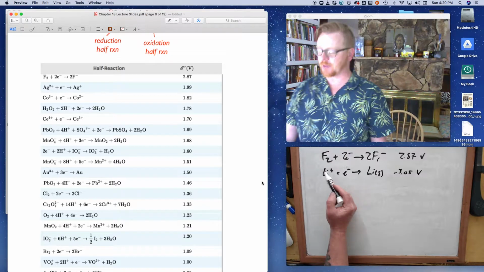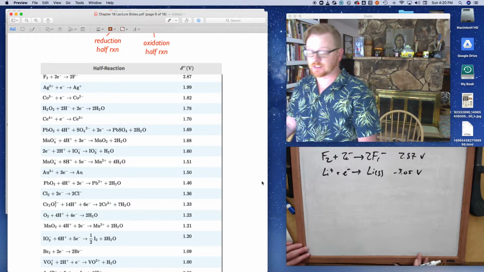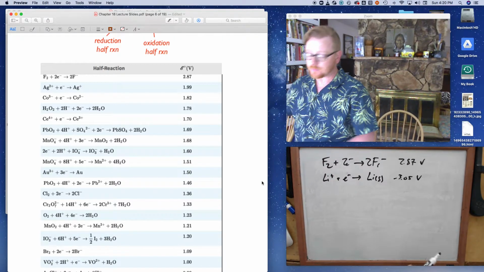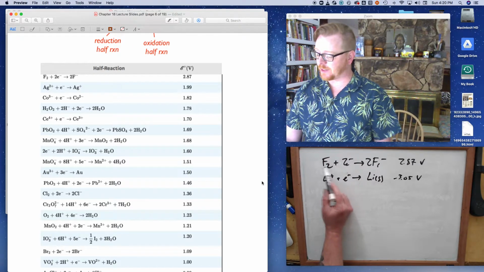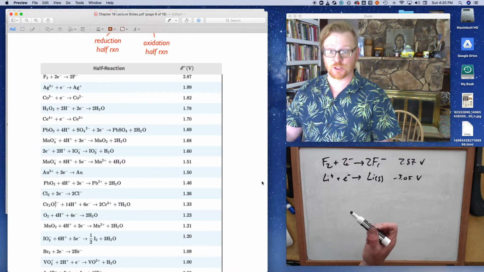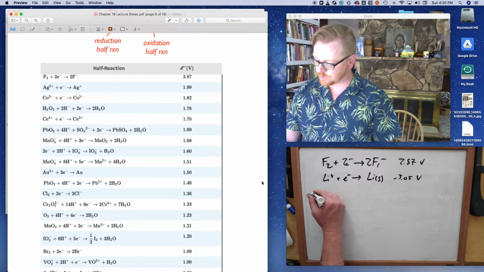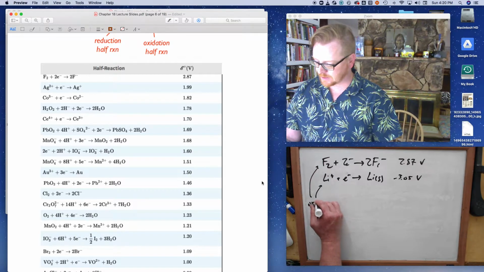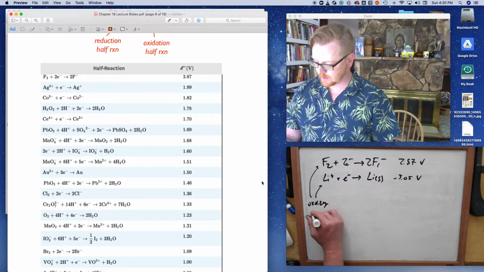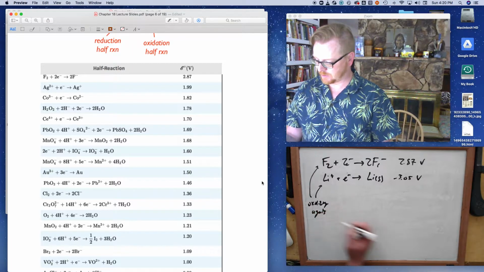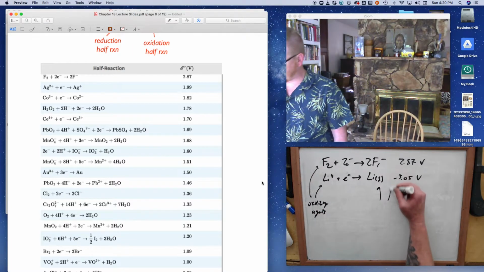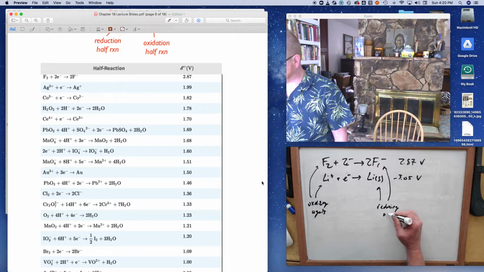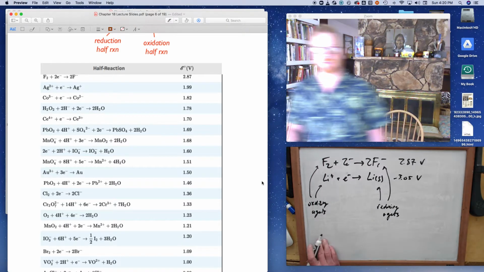Well, since these are written as reduction potentials, fluorine and lithium are both being reduced. So that means right here, they're oxidizing agents. And right here, they're reducing agents.